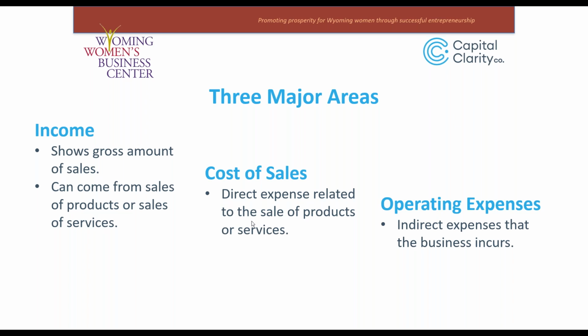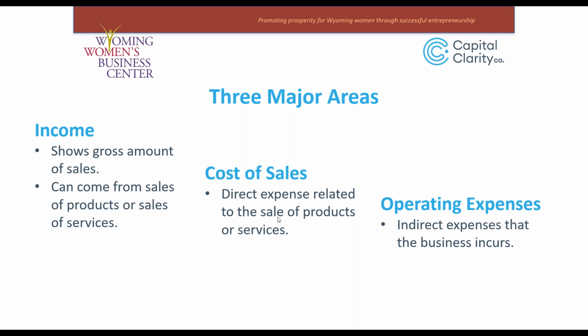There are a million different scenarios of what can go into this, but cost of sales is more direct to the product or service. Operating expenses are indirect expenses incurred by the business. This might be rent for the office or depreciation, etc., that isn't directly tied to your cost of sales.